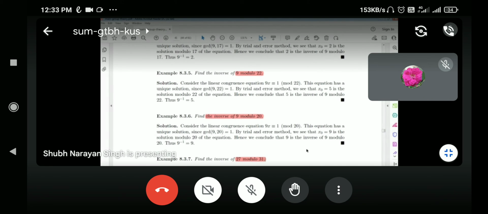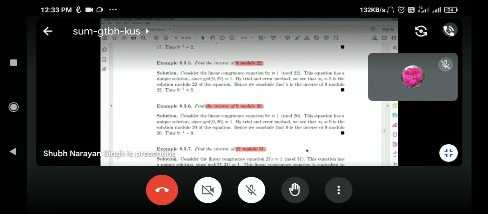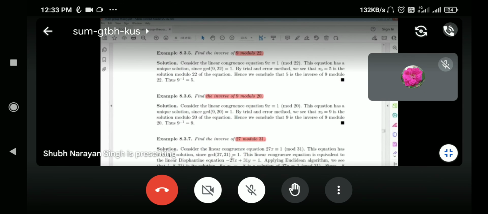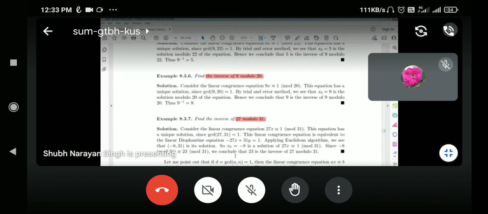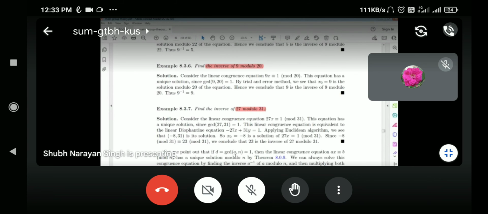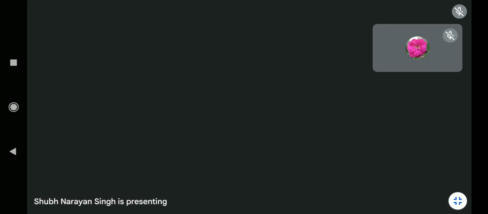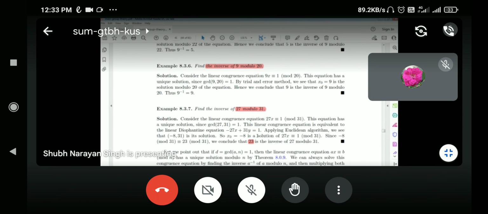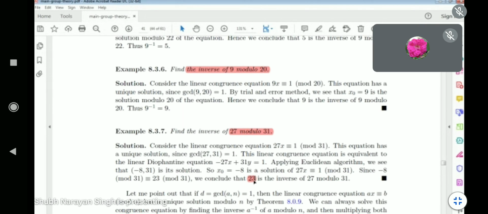I think I have computed it. I got 23. Please class verify whether I am wrong or you are. I got the answer 23.